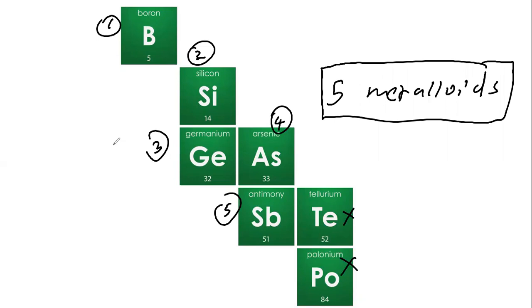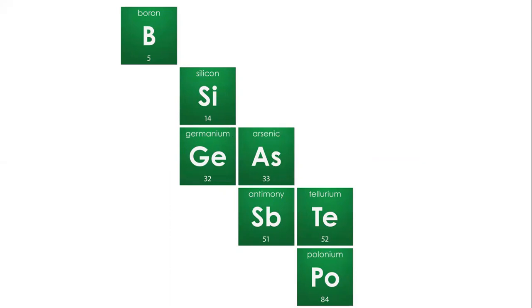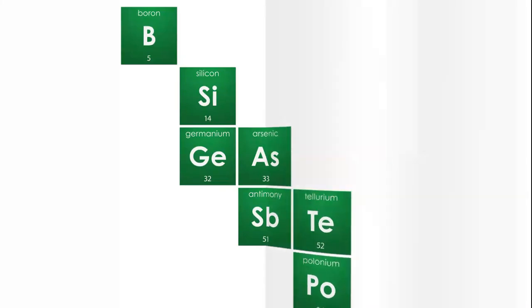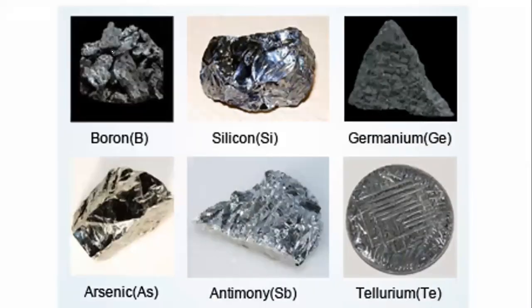If you don't know the spelling, germanium is Ge, arsenic is As. I have given these in the theory tutorial also. Then this is the natural appearance of them in nature.